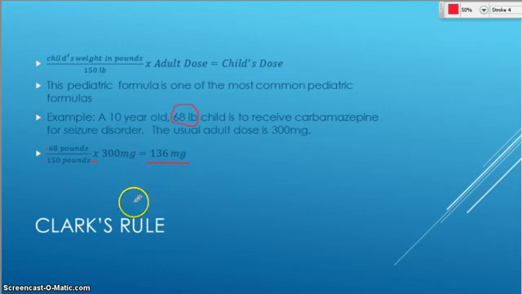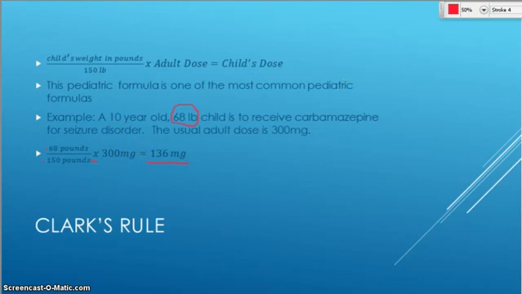So again, you just want to make sure that you're doing order of operations properly with your calculator. That's usually the biggest problem with these, is that you must make sure you do 68 divided by 150 and hit that equals button just to make sure that your calculator knows what to do, and then do times 300.